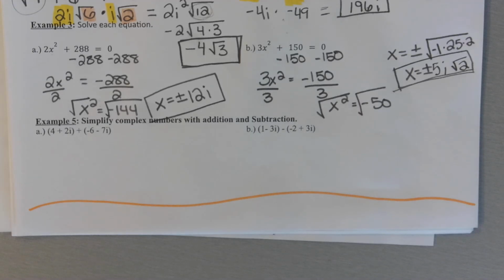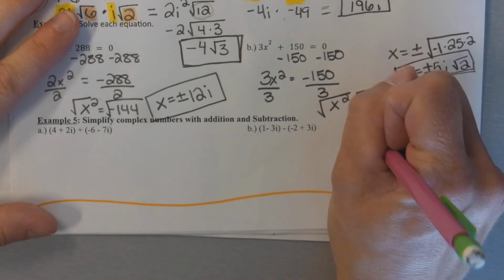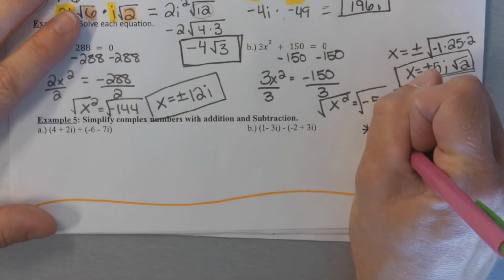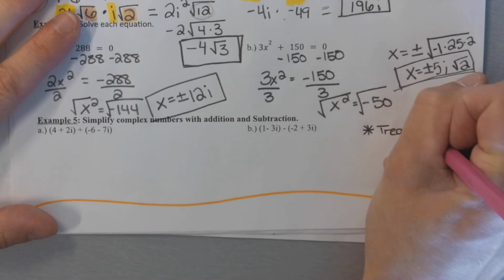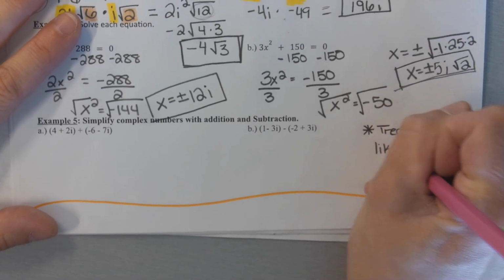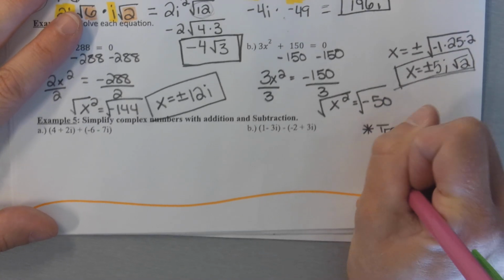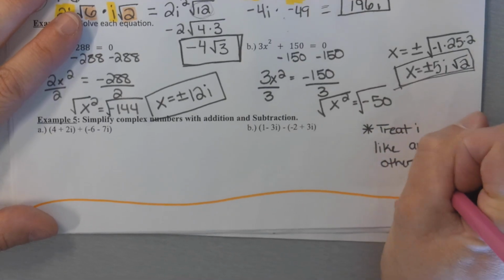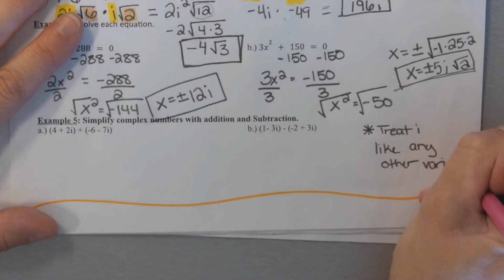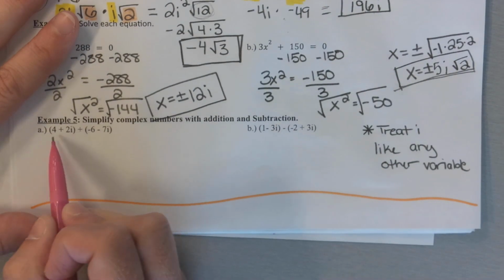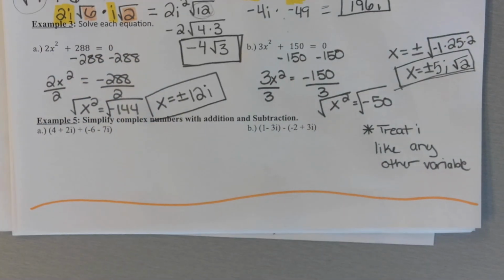All right. Last type of problem I'm going to show you today is that you can add and subtract imaginary numbers. You're going to treat i just like a variable. So treat i like any other variable. All right. They like to put their problems in parentheses.